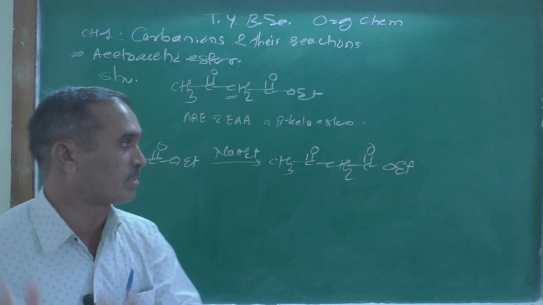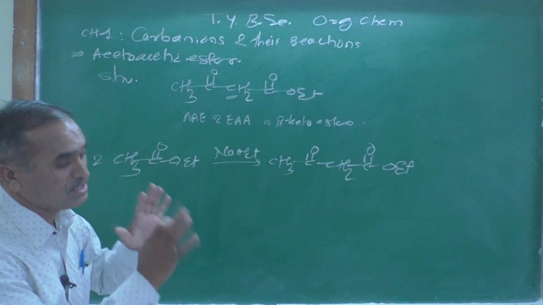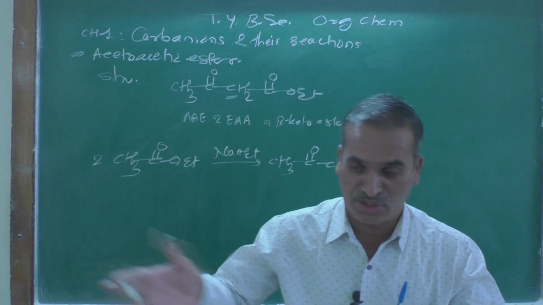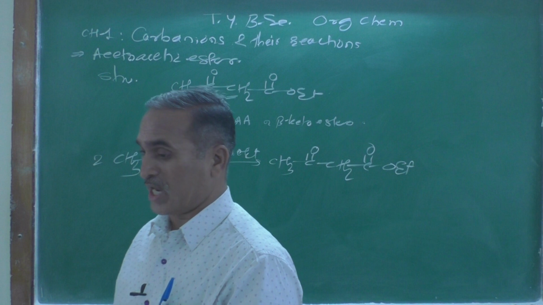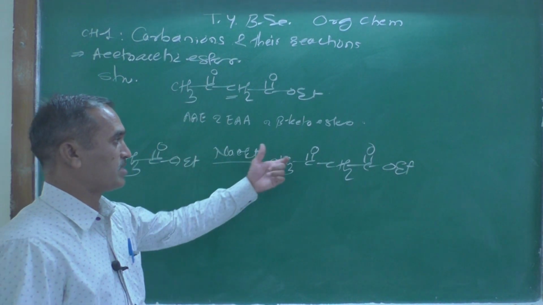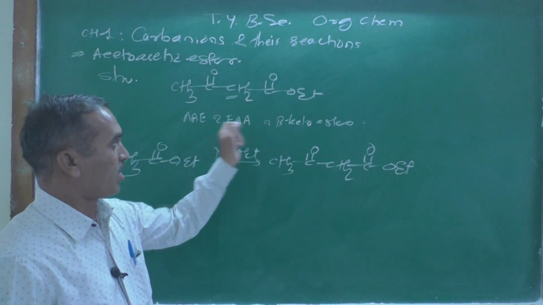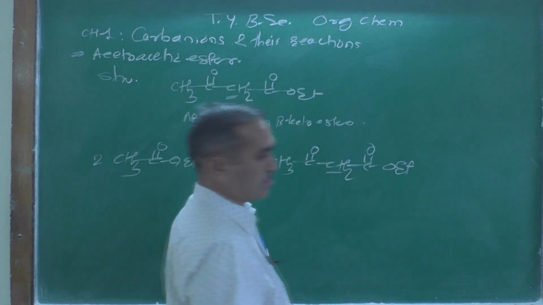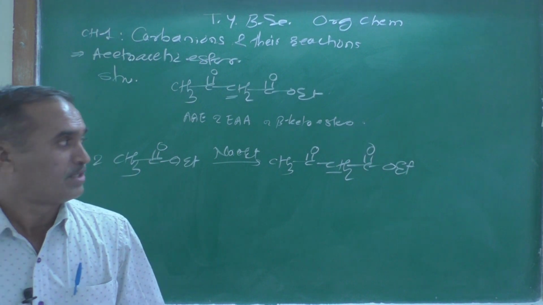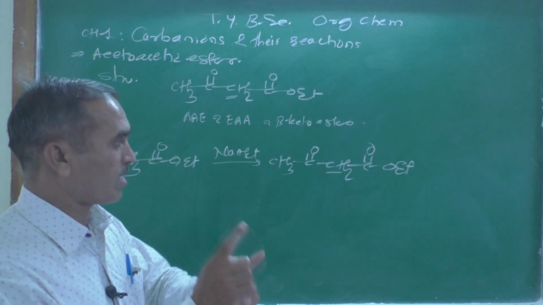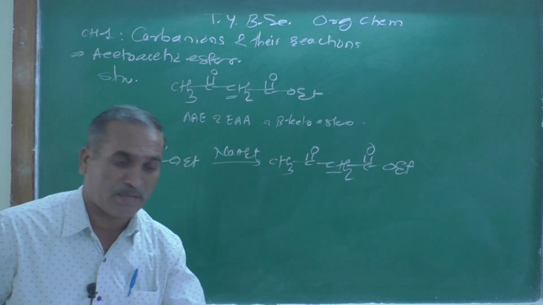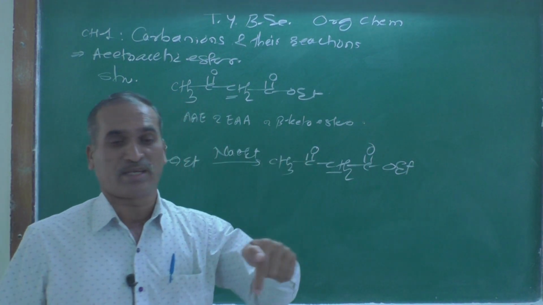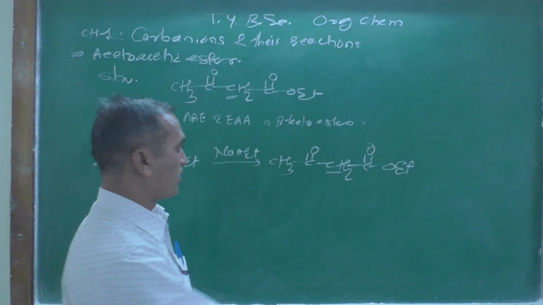This is called ethyl acetoacetate, and this reaction is known as the Claisen ester condensation. Two molecules condense together, and the product is acetoacetic ester, or beta keto ester, because it has a reactive methylene group where the carbanion forms, and that carbanion is well stabilized due to the minus I inductive effect and the minus R effect.